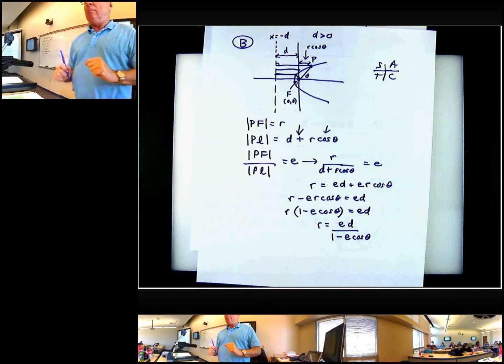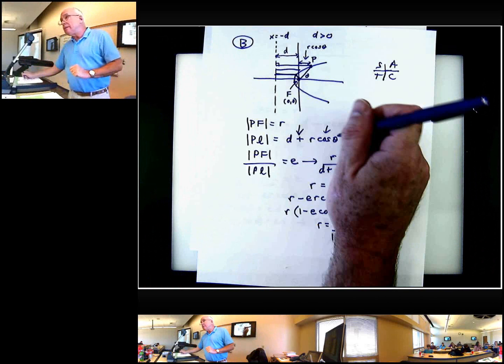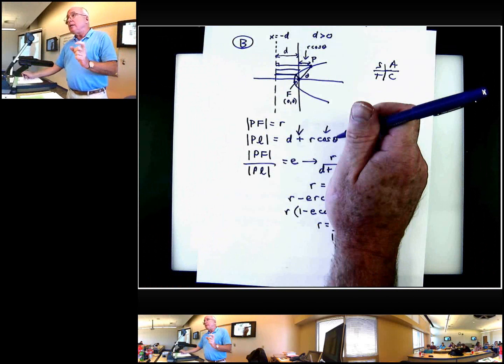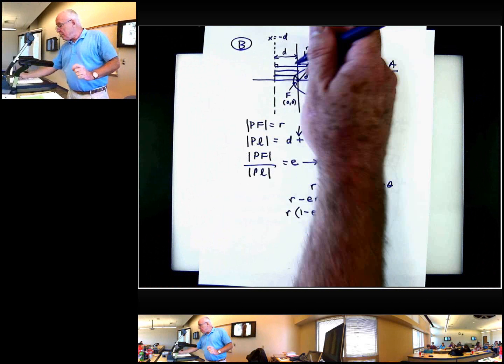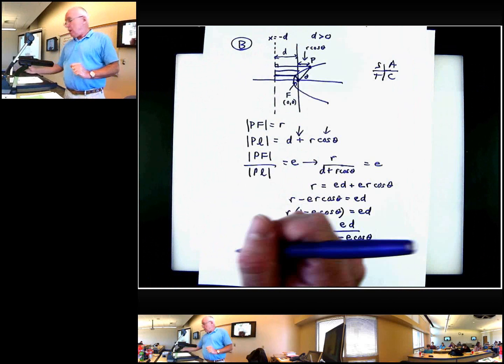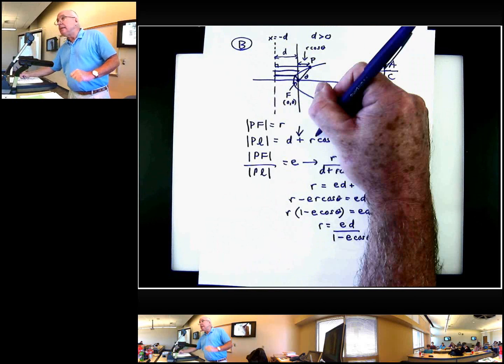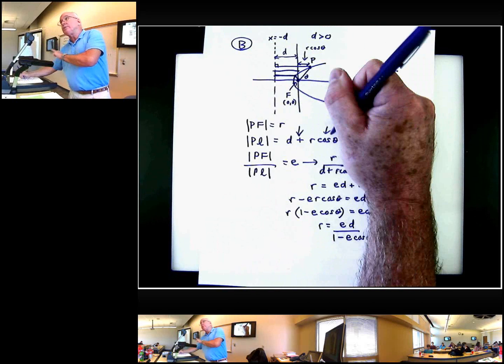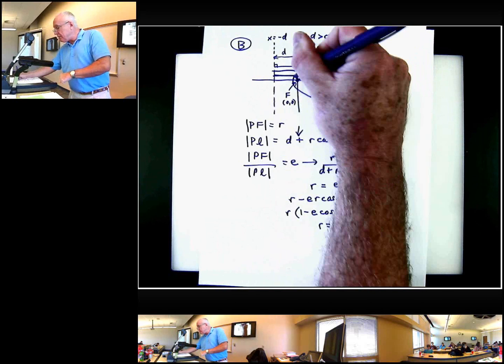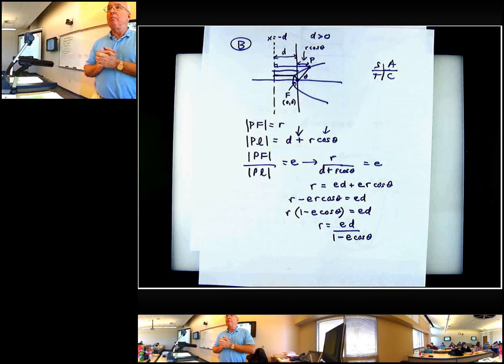My cosine will be minus, so it will end up being the distance from here to here, because it's the full distance minus, and it will have a minus because the cosine is negative, minus that little distance there. You buying it now? All right.